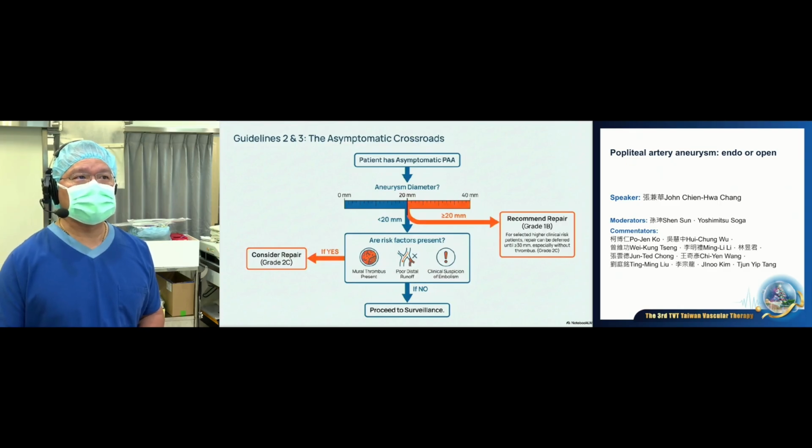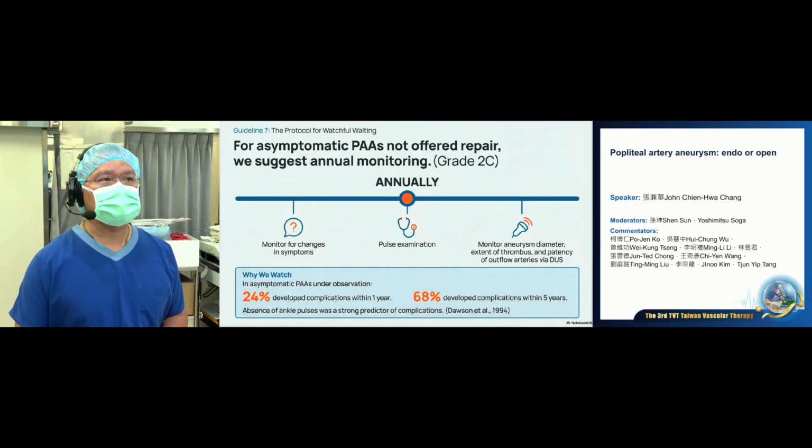If the aneurysm is less than 20 millimeter but there is mural thrombus or poor distal runoff, or clinically we suspect there is embolization, even if the aneurysm is small, we should do repair for this patient.